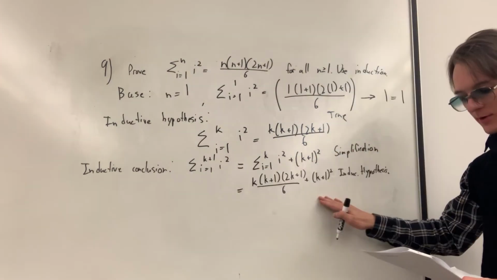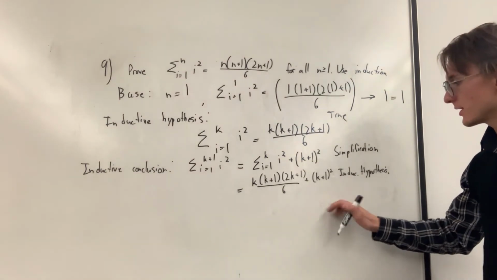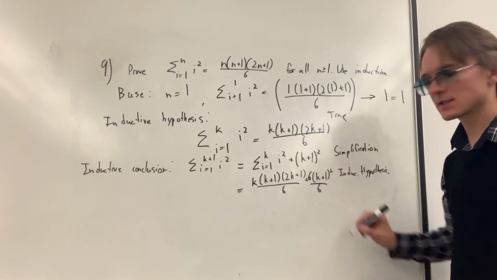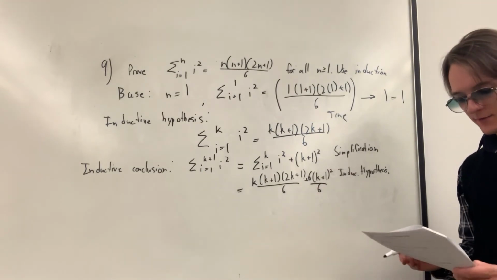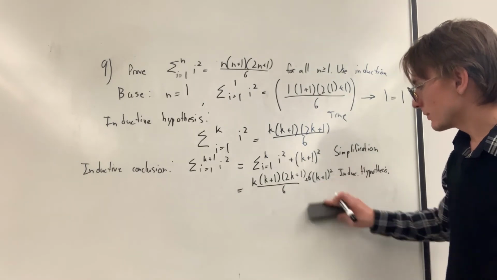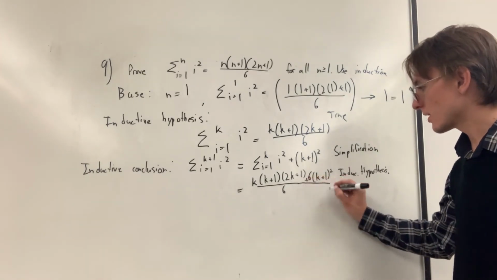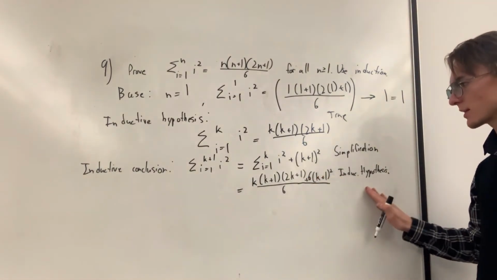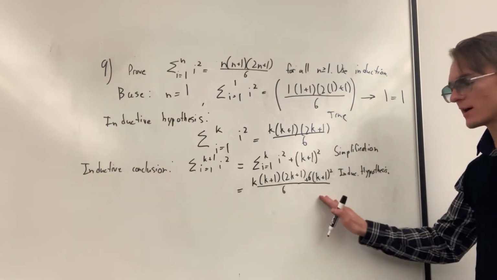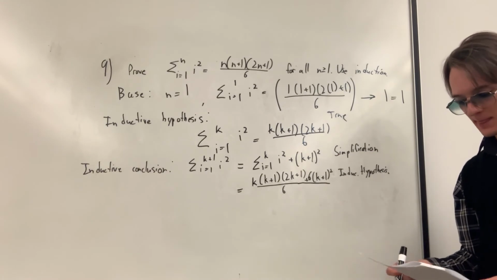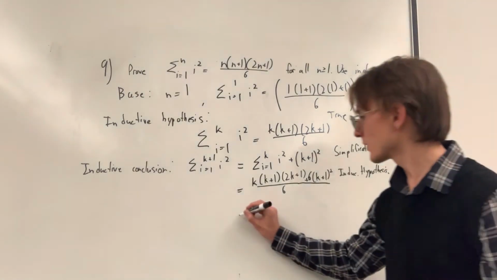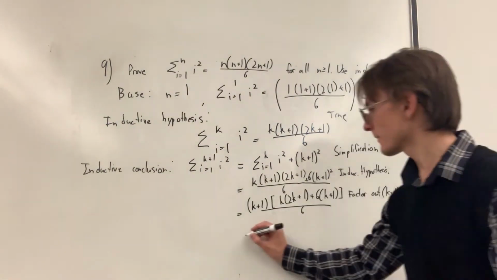We are going to put everything on a common denominator. To do this, we multiply this segment by 6 and divide it by 6, so nothing changes. From there, we can simplify. We simply put it all under one common denominator. So we use the inductive hypothesis, we add a common denominator, and we simplify it all in one step. From there, let's factor out the k plus 1. Okay, so now we simplify.